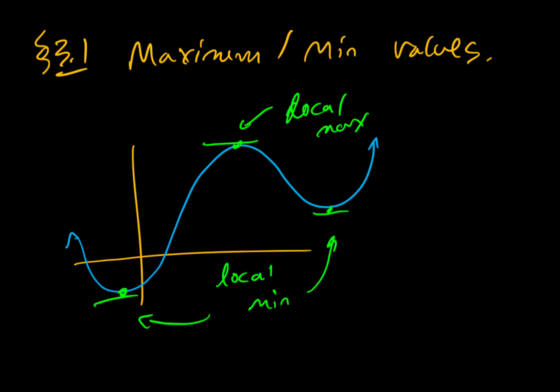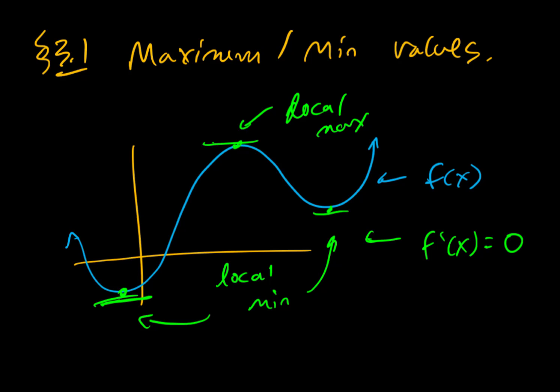Okay, so in general it's not terribly difficult to find these, because if the blue function here is f of x, then I can find these min and max from setting the derivative equal to 0. Because what does the derivative tell me? The derivative tells me the rate of change, or the slope of my tangent lines.